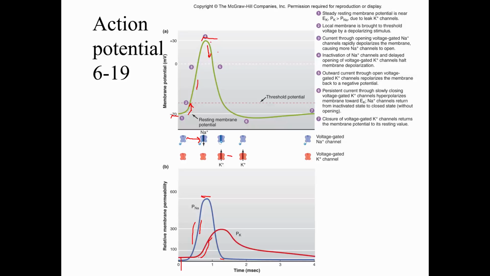And when the sodium channels inactivate, we see the effects of the potassium current. The potassium is allowing the membrane potential to repolarize. And because they're slow to close, the membrane potential actually does an after-hyperpolarization, becomes more negative than rest. And as the potassium channels close, we return to a resting value.